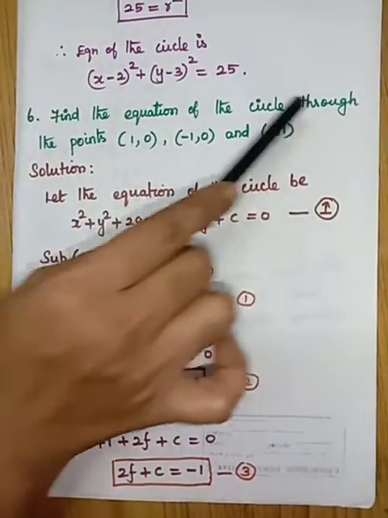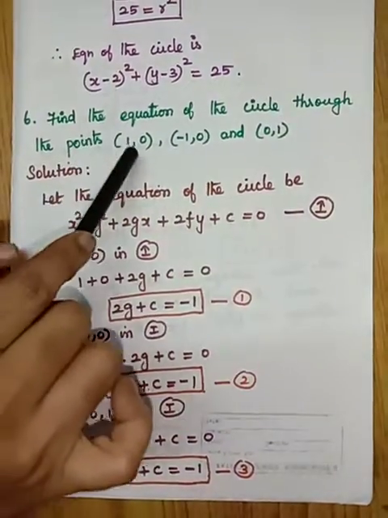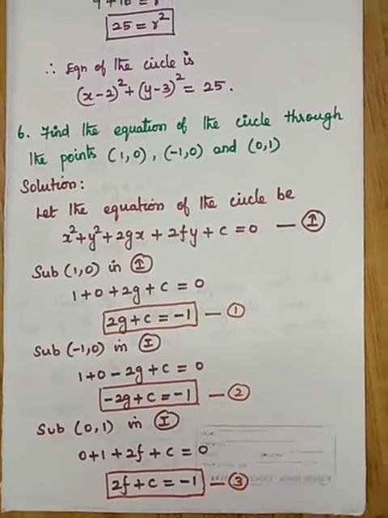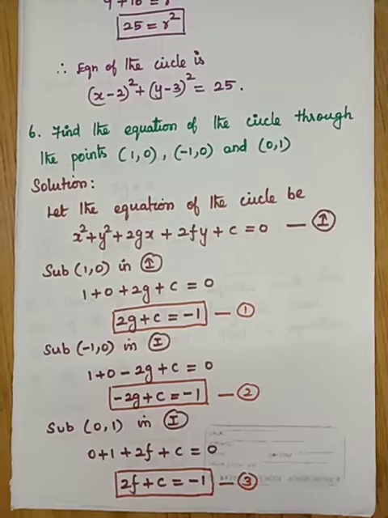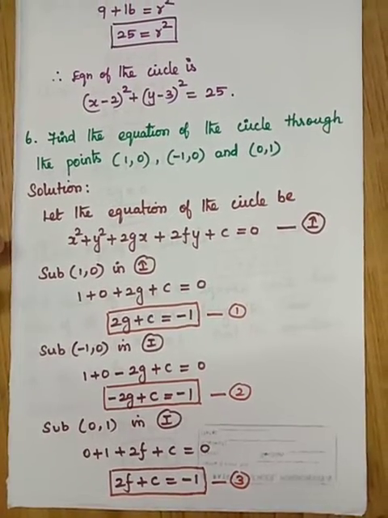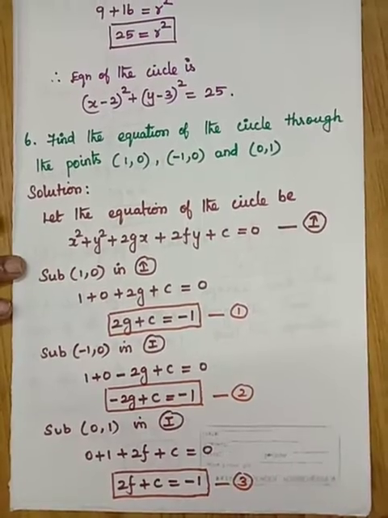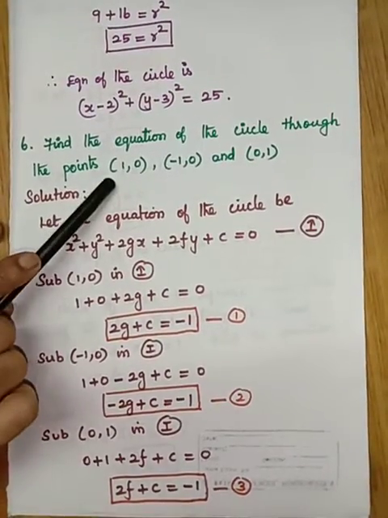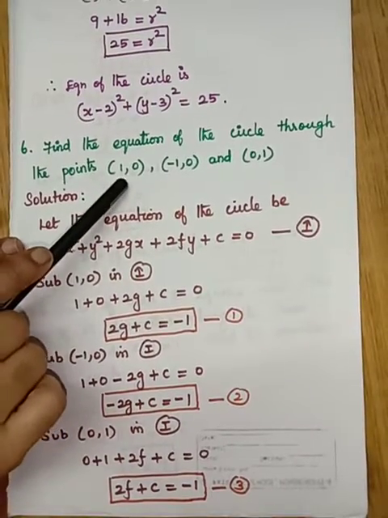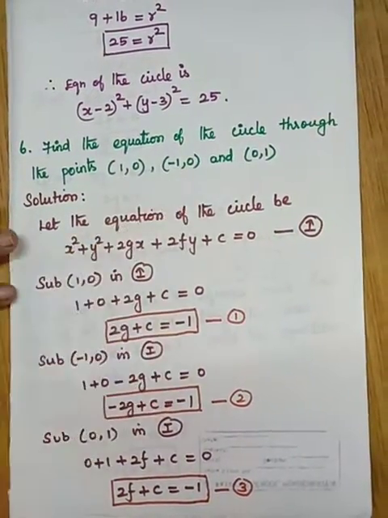Okay, come to the sixth problem. Find the equation of the circle through the points, that means passing through 3 points. In the previous problem, one center was given and one passing point was given, and we have seen how to find the equation of the circle. Here, no center and no radius were given, only the 3 passing points.